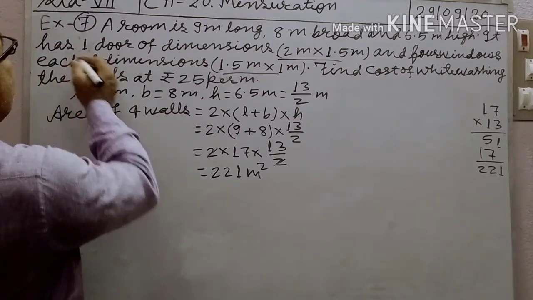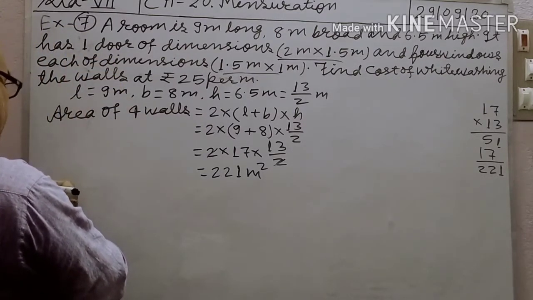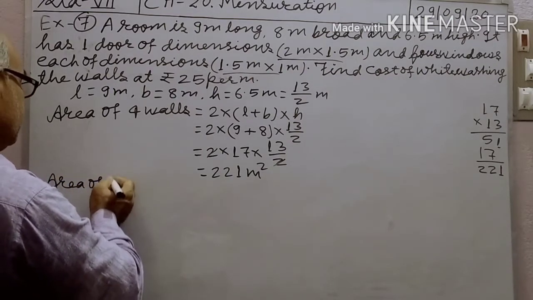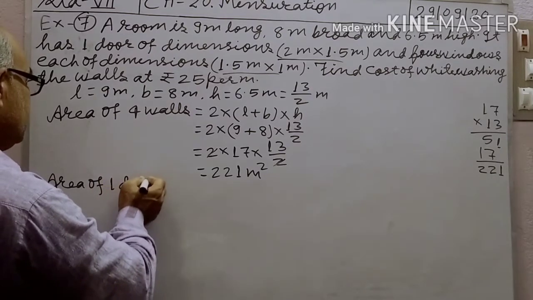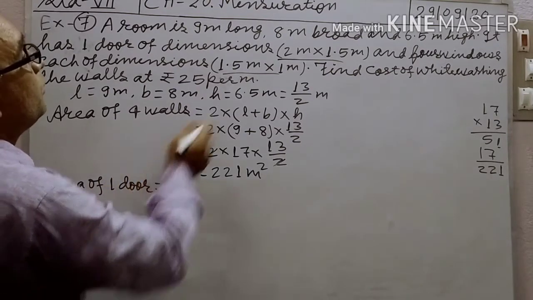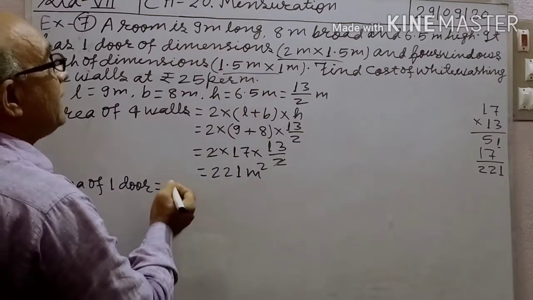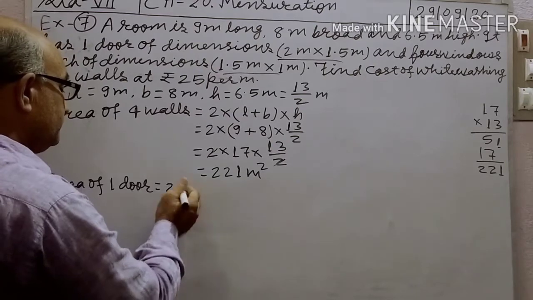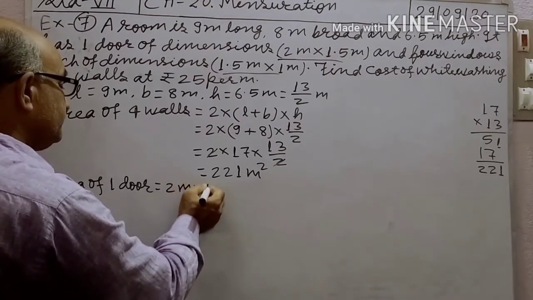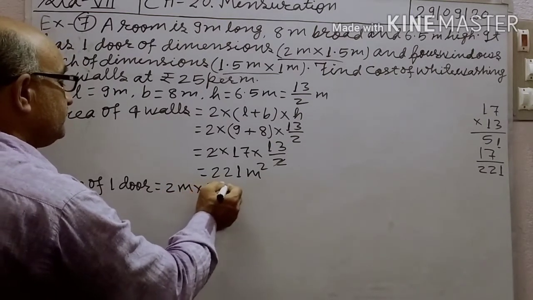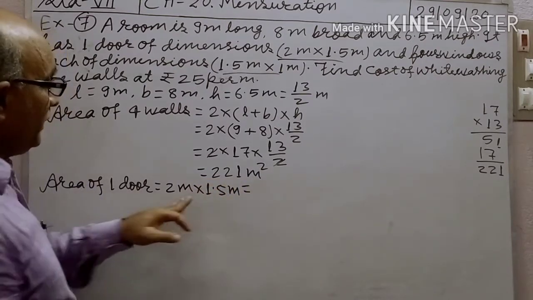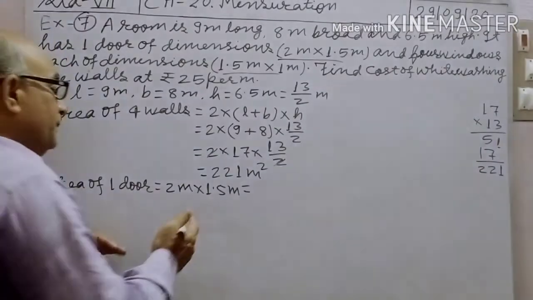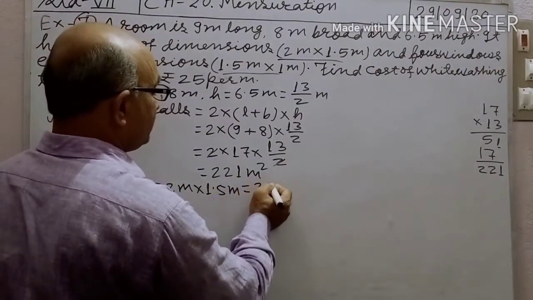Now find area of one door. One door 2 meter into 1.5 meter. 15 into 2 is 30, decimal after 1 digit, so 3 meter square.